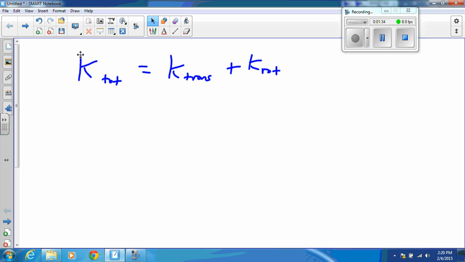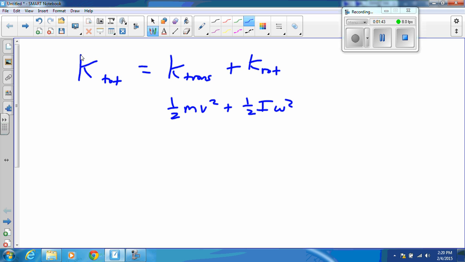So our total kinetic energy is the sum of the translational and the rotational. And what I said yesterday is that in general, for general objects, these two are generally independent of each other. But in one special case, they are not independent of each other, and that is when the object is rolling without slipping.